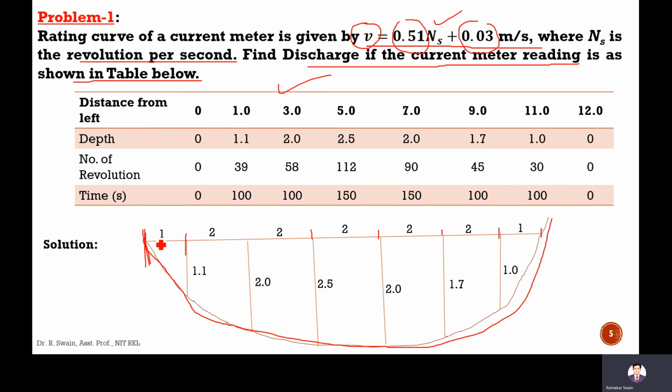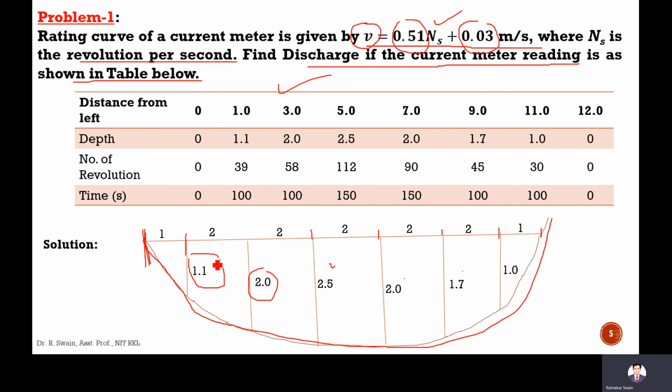So the first width will be 1, next 2, 2, 2, 2, and the last, 11 to 12, is 1. The corresponding depths will be 1.1, 2, 2.5, 2, 1.7, 1, and 0. This is the end point.